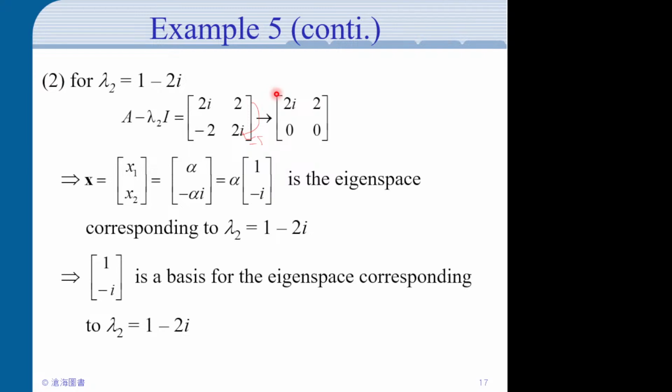But as you see here, hopefully you can feel that doing Gaussian elimination with complex coefficients is basically the same as doing Gaussian elimination for real coefficients. You just do the same thing, but you can now multiply by a complex number.